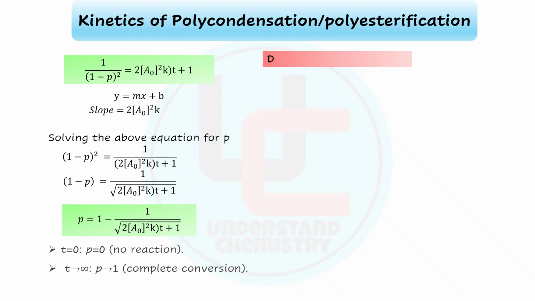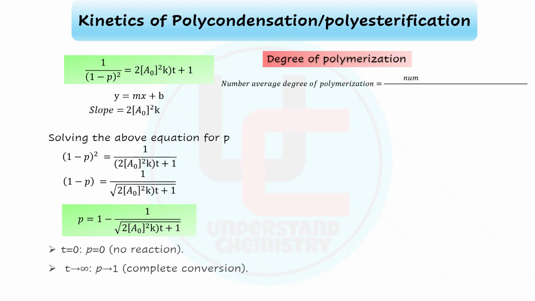Now let us see how to find degree of polymerization. The number average degree of polymerization is equal to the number of original molecules divided by the number of molecules at a specific time t. We can write degree of polymerization is equal to n naught over nt.